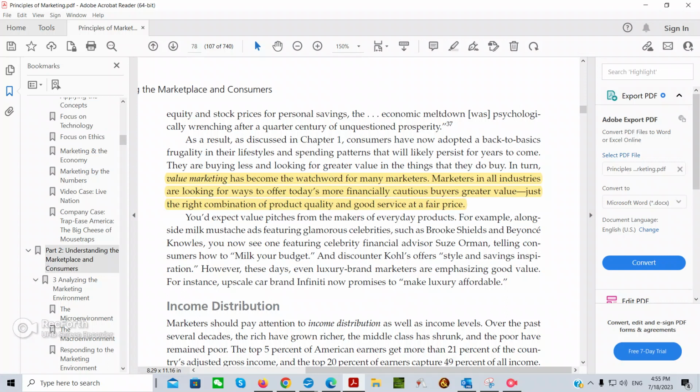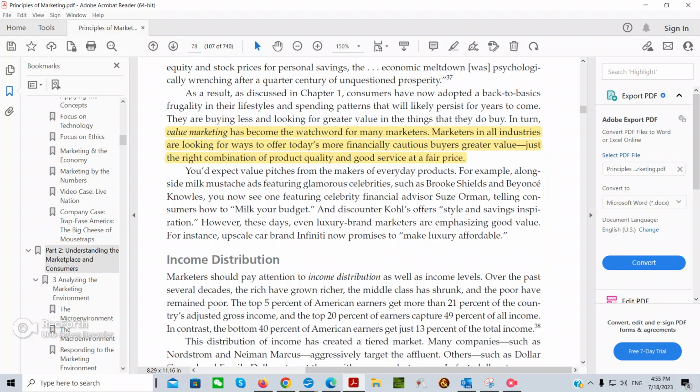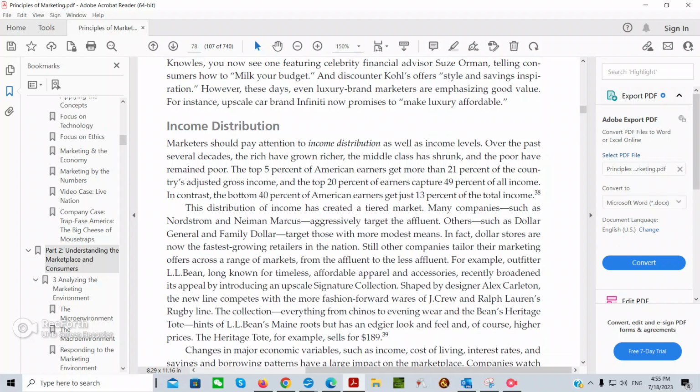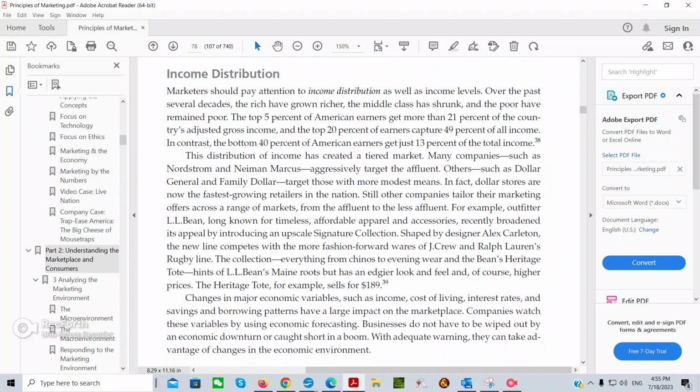And discounter Kohl's offers style and savings inspiration. However, these days, even luxury brand marketers are emphasizing good value. For instance, upscale car brand Infiniti now promises to, quote, make luxury affordable.